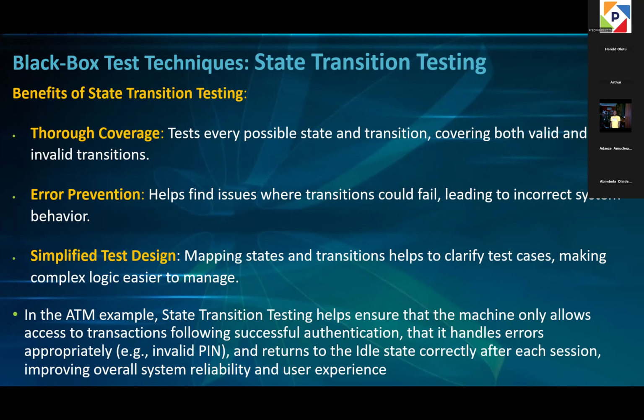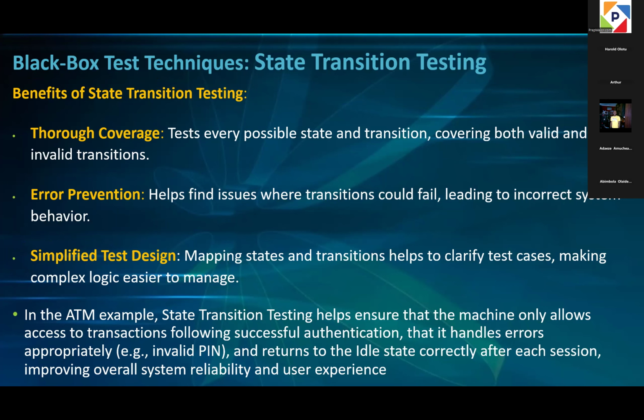Then it simplifies test design, because you are mapping states and transitions all together to clarify test cases and make complex logic easier to manage. Okay, just like in the ATM example, state transition testing helps ensure that the machine only allows access to transitions following successful authentication.